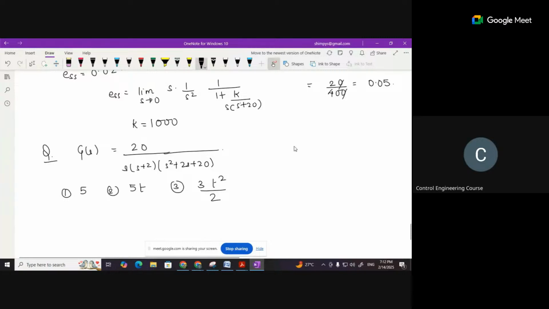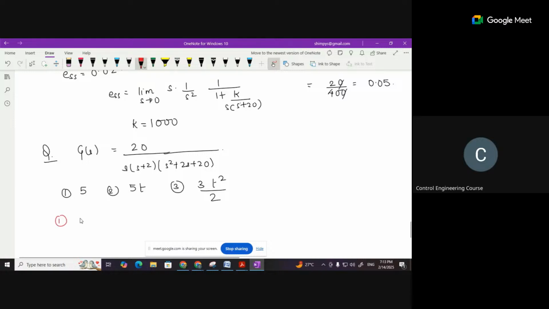The step input, ramp input, and parabolic input are our standard functions, right? Now, if we have this input or say variable inputs, how will we find out the error? So we are given the forward transfer function G(s), and it's a unity feedback.